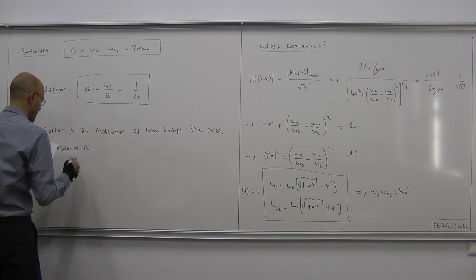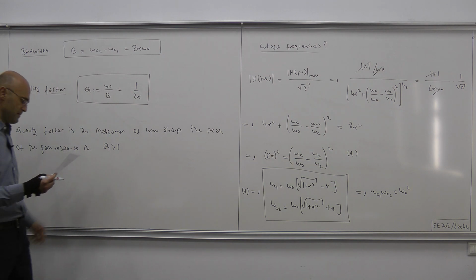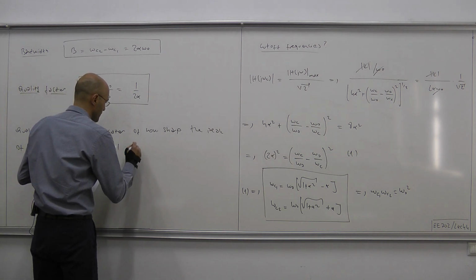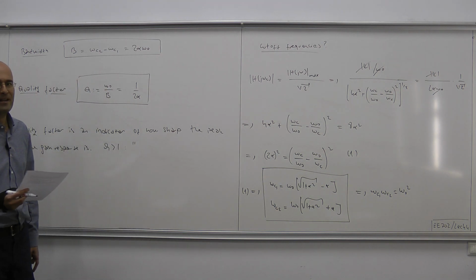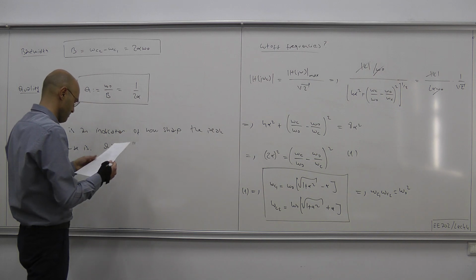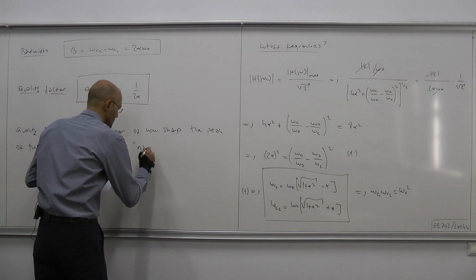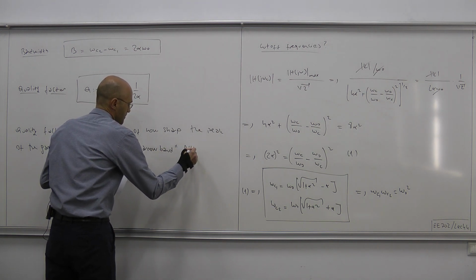Okay, and if Q is larger than unity, such a filter is sometimes classified as a narrow band filter. Okay, so the peak is sharper. Narrow band filter.